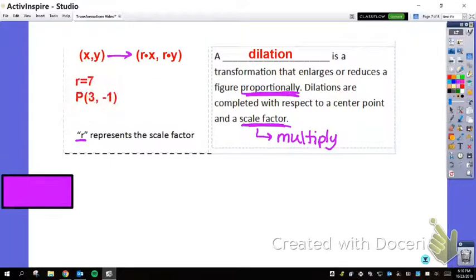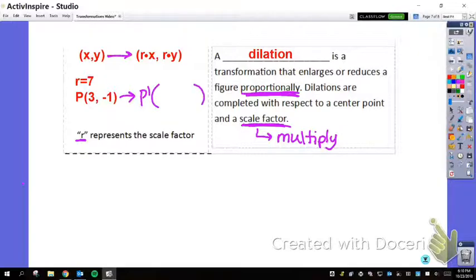So if I tell you the scale factor is 7, and the original point P is 3, -1, then we want the new point, P prime. So we take the scale factor, 7, and we multiply it times each coordinate. So we have 7 times 3, which is 21, and then 7 times -1, which is -7. So that would be our new point.